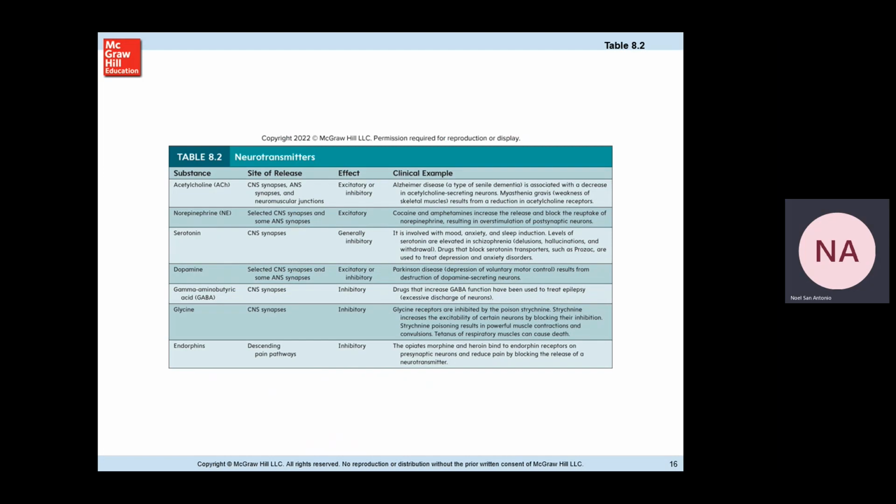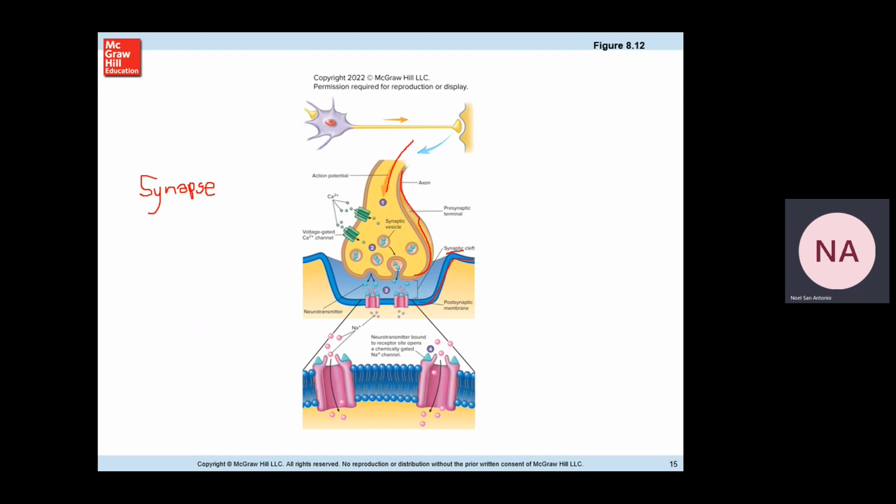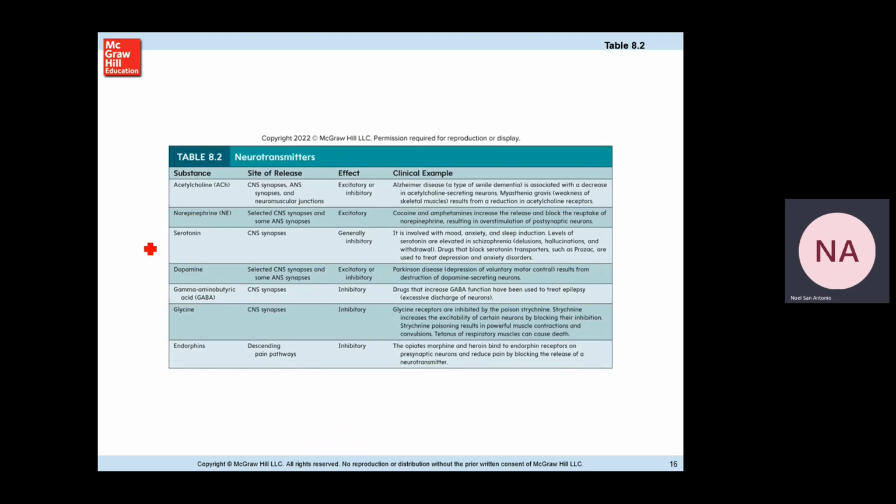Now, the main difference between the neuromuscular junction and the different synapses in our central nervous system is that in the neuromuscular junction, there is only one neurotransmitter. I hope you still remember that: acetylcholine. In our nervous system, acetylcholine is not the only neurotransmitter.